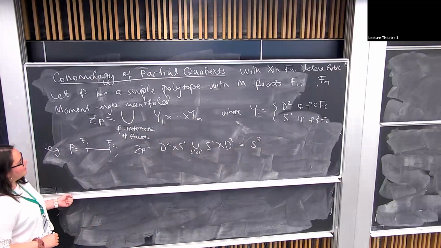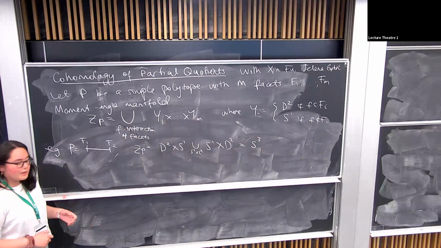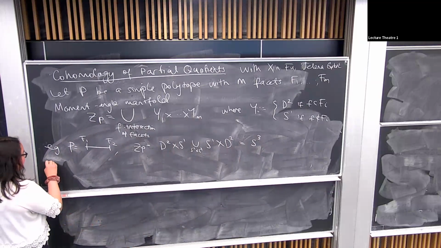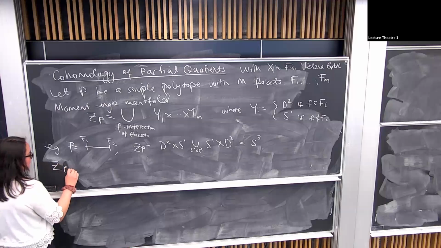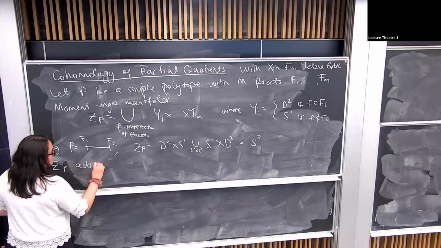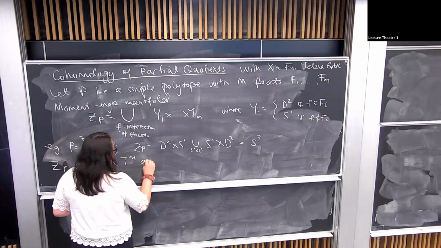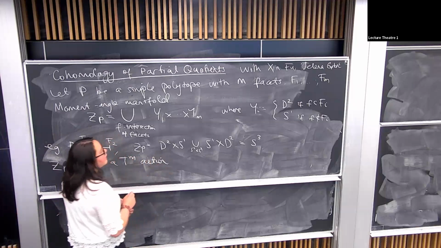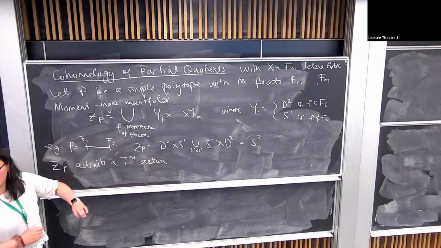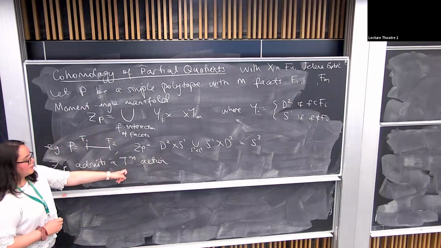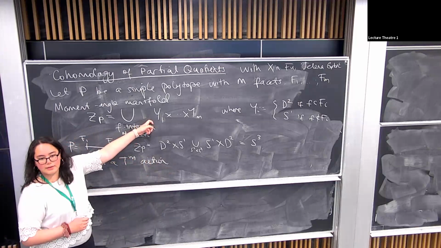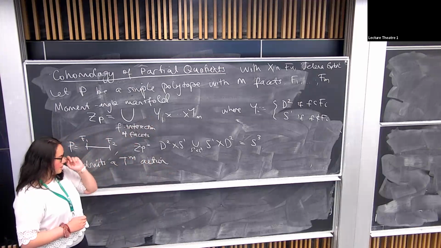Then Z_P admits an action of a torus T^m. It works component-wise: each of the S^1s in this product of m S^1s can act on the S^1s and D^2s in this product.